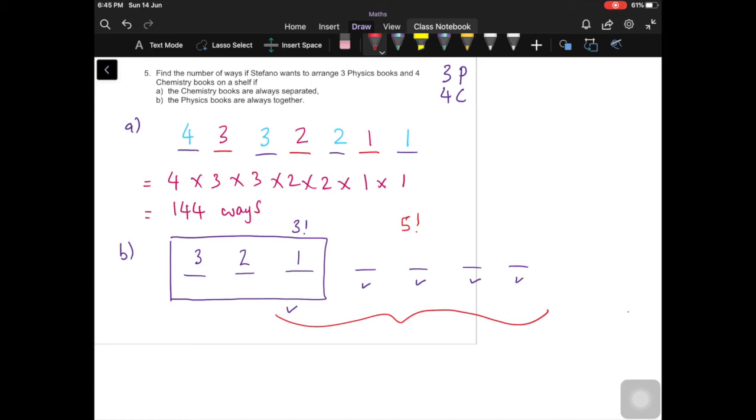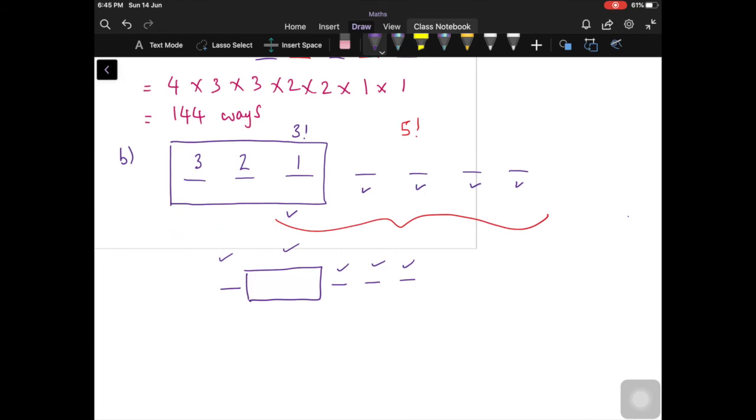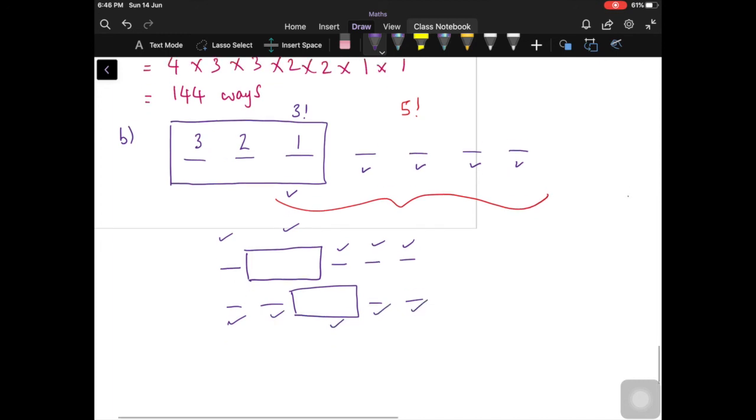Why is it 5 factorial? Look at this, we can consider it this way. For example, this is the chemistry books, this is the physics books, chemistry. So we have 1, 2, 3, 4, 5 movements there. Or the second possible position, 1, 2, 3, the tied up physics books, 4, 5. So there are 5 possible movements there.